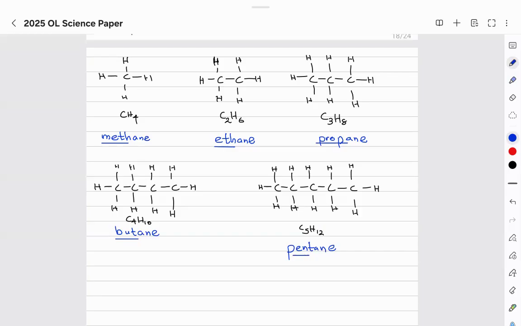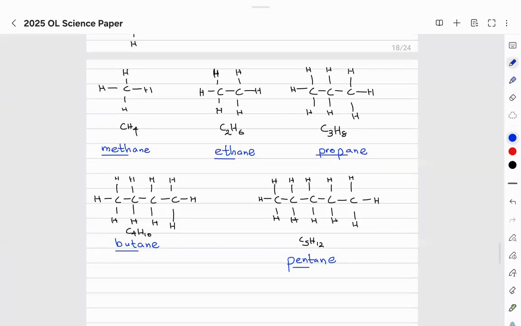Right? Look at the hydrocarbons, the simplest hydrocarbon, alkane. So these are alkanes, the alkane series. Alkanes always have carbon-carbon single bonds. There are alkenes also, with carbon-carbon double bonds. I'll discuss that under the theory revision.